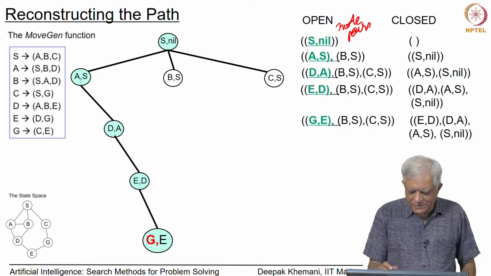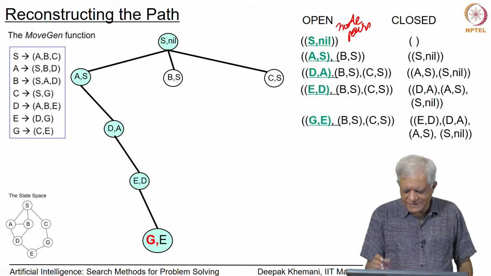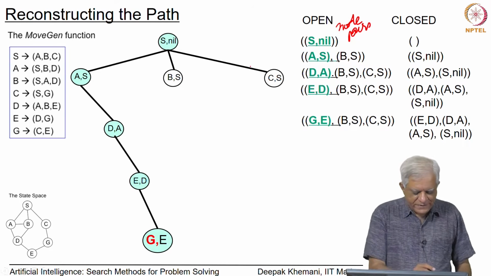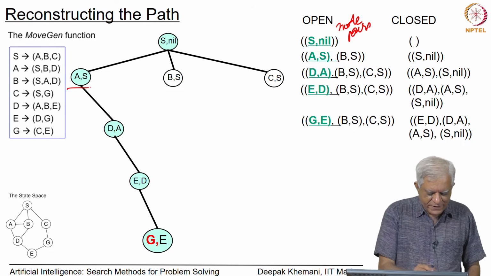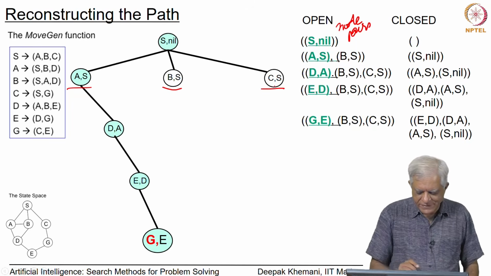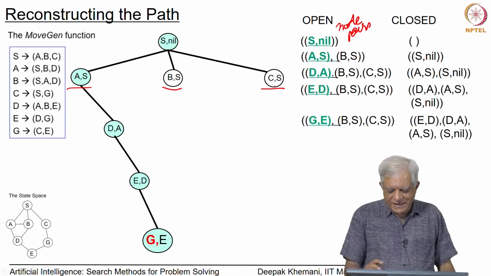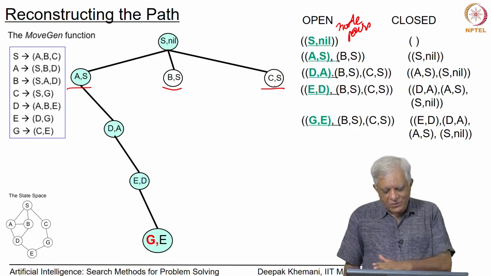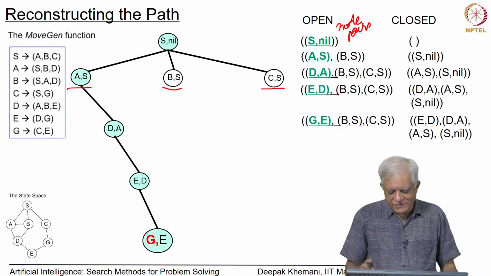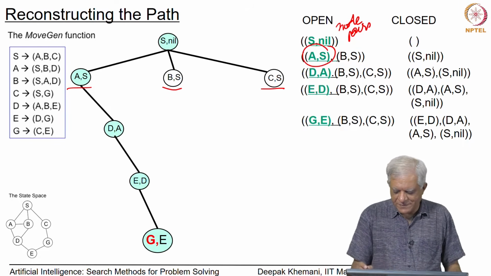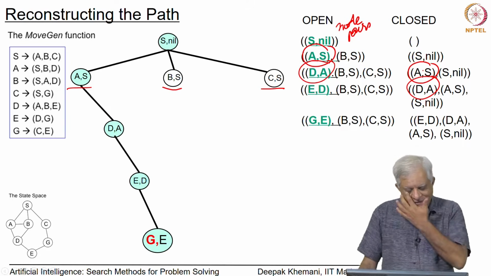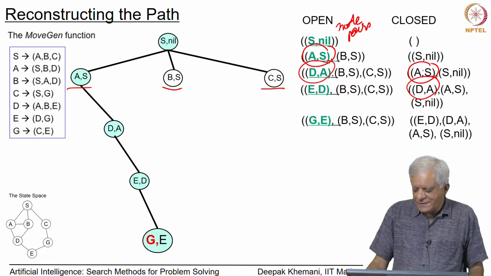So, we start with the node pair S nil, and then when we add its children, we can add AS or BS or CS and so on. The same node pairs go into the closed list as well. When we remove AS, for example, we put it into closed. Then when we remove DA, for example, we put it into closed. So, this is a nice, elegant way of doing this whole thing.